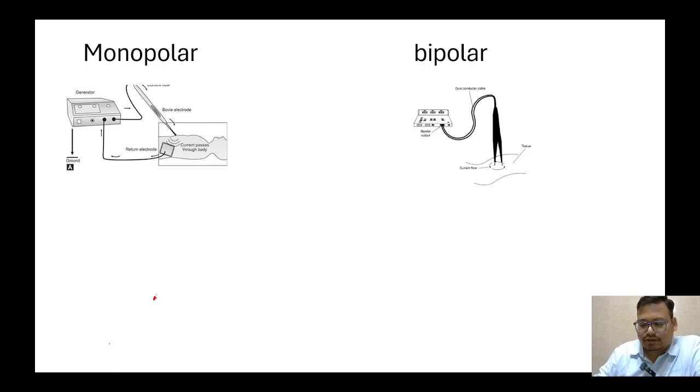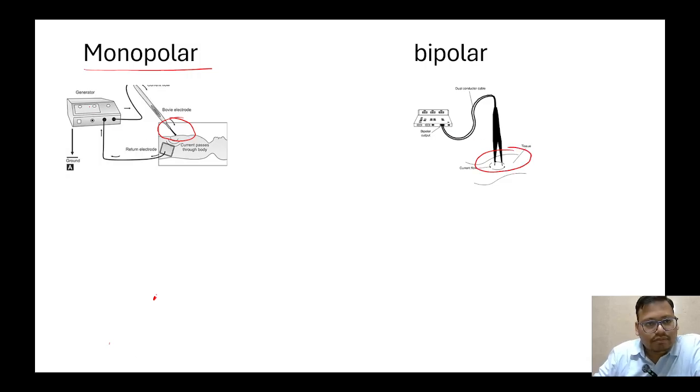Next is monopolar and bipolar. In monopolar cautery, there is a single probe. In bipolar, there are two probes.